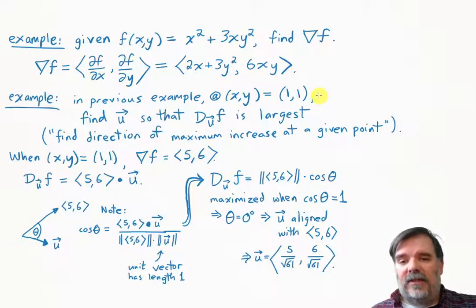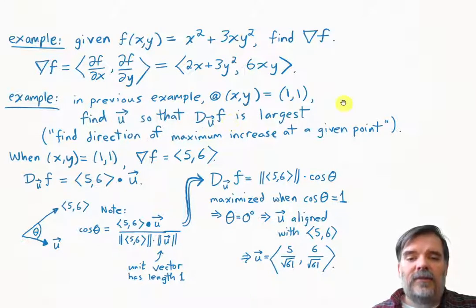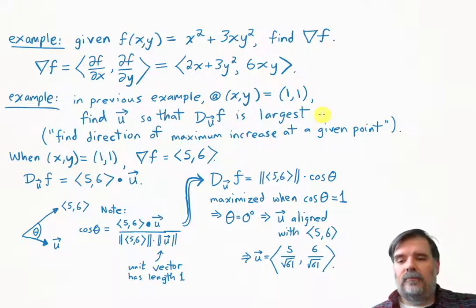So in the previous example, at the point (x, y) equal to (1, 1), we want to find the unit vector u so that the directional derivative is largest. Let's say we're given this specific point. It's as if you're standing on a mountain.